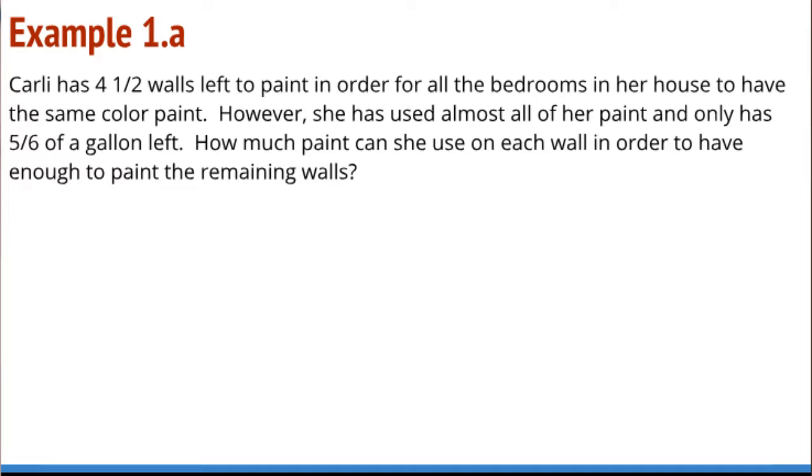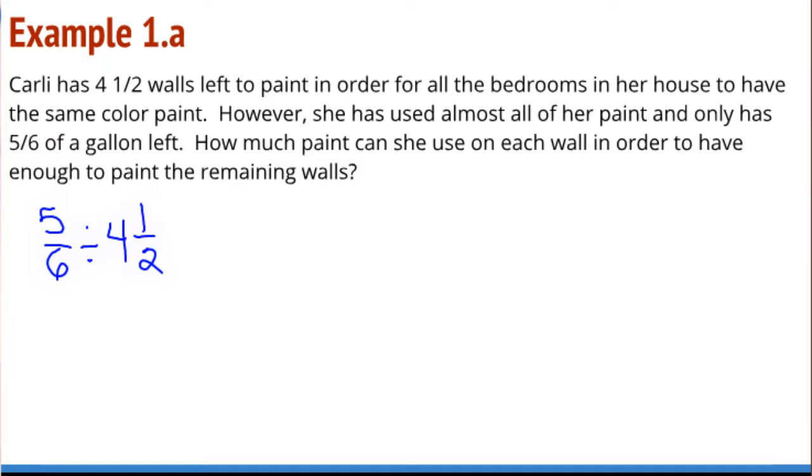How much paint can she use on each wall in order to have enough to paint the remaining walls? So she's got 5/6 of a gallon, and she needs to split it evenly amongst the 4 1/2 walls. And in my head, I'm hearing a partitive division question. How much is going to go in each group?